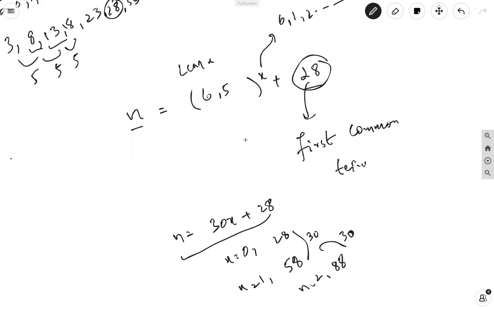So the generalized form is the number will be equal to the LCM of both divisors, into some variable x, plus the first common term. I'm considering a case in which there are only two values and two series. There could be more than that, we will see at the end.